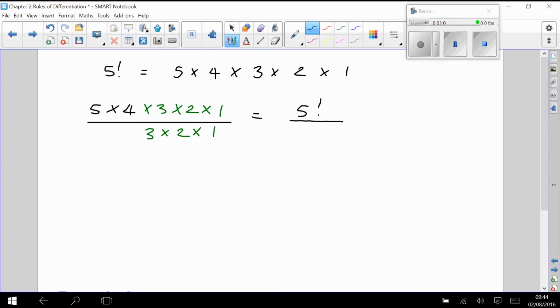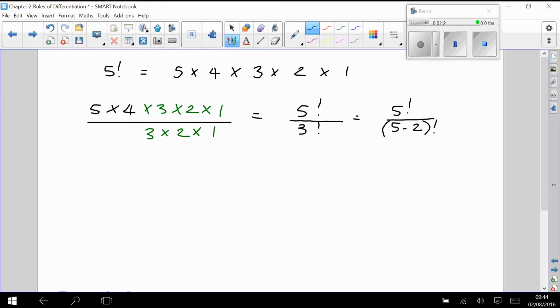In my denominator, I've got 3 factorial. So in fact, I could have written this as 5 factorial in my numerator, and in my denominator, I had 5 minus the 2 factors that I wanted of 5 and 4, which gives me the 3 factorial. This information is going to be critical in moving on.